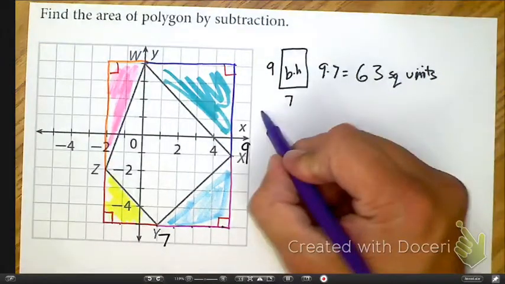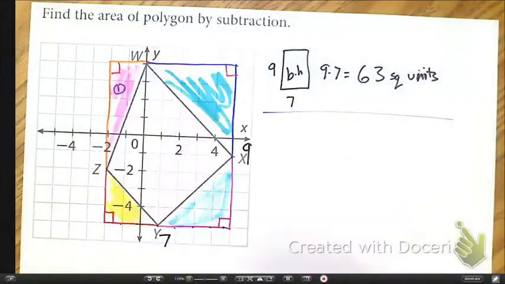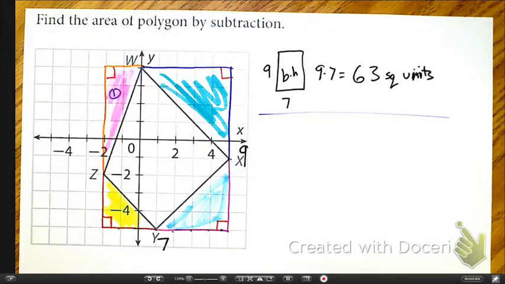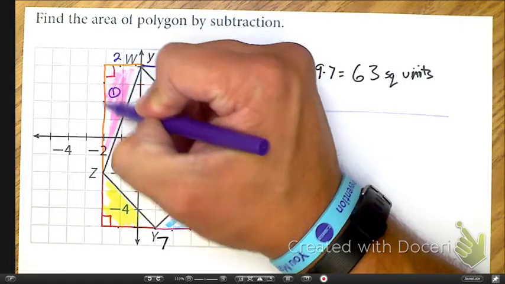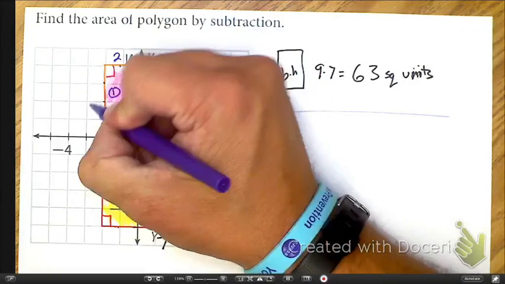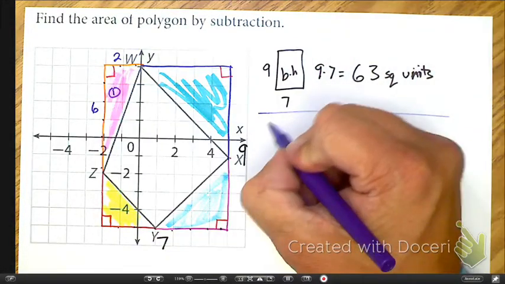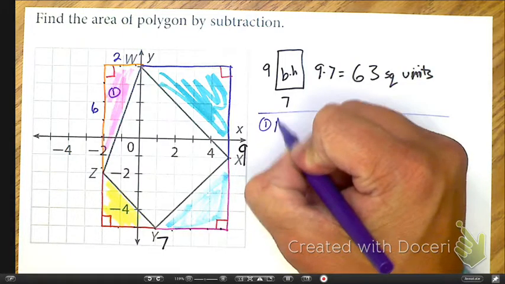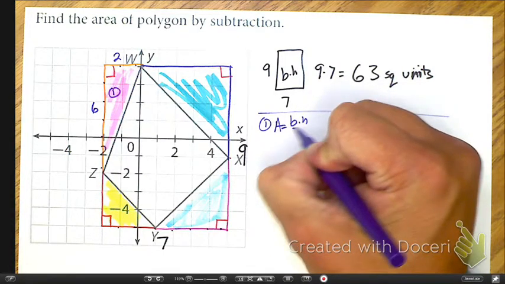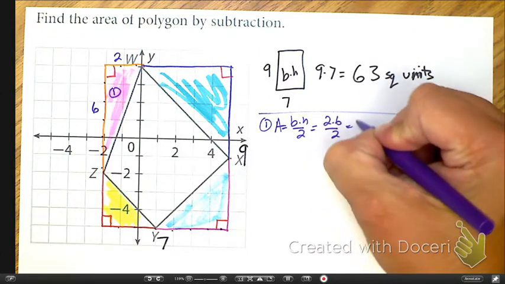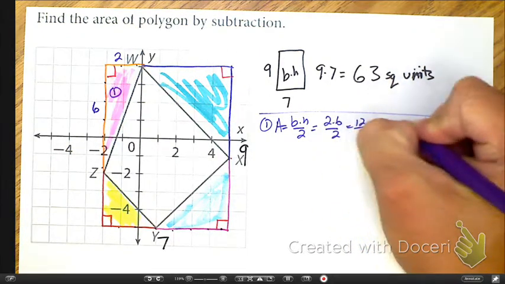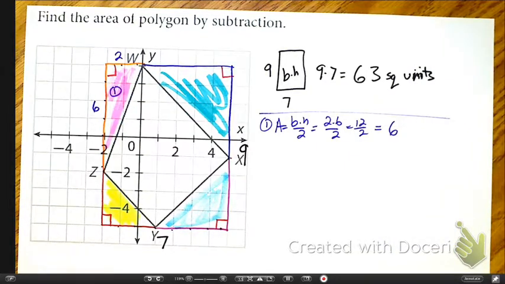Let's start with this pink triangle, call it triangle number 1. It's 2 wide, 1, 2, 3, 4, 5, 6, 6 tall. Base times height divided by 2. 2 times 6 divided by 2. 6 units for the first pink triangle.